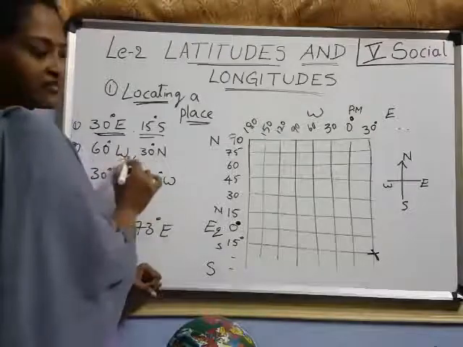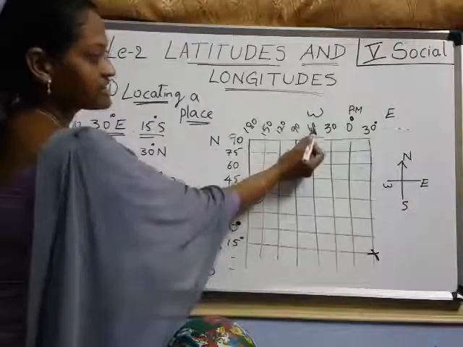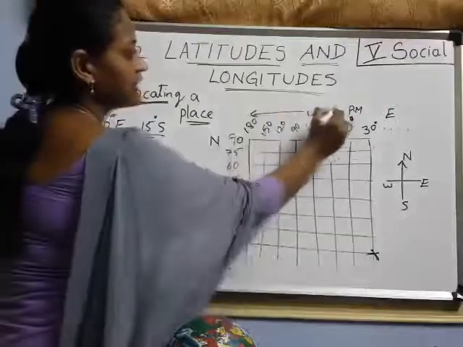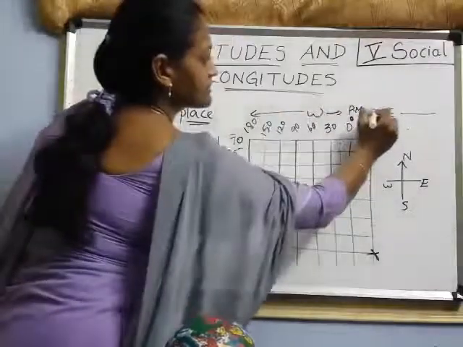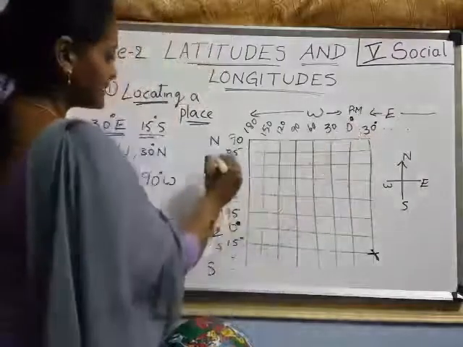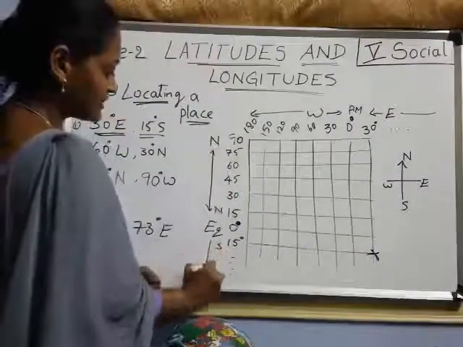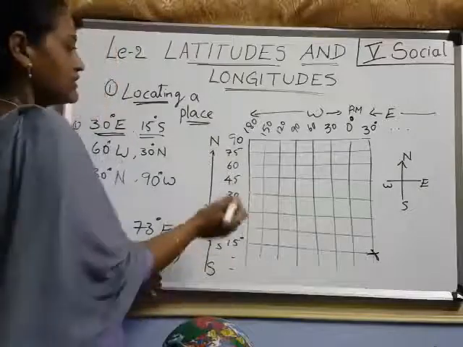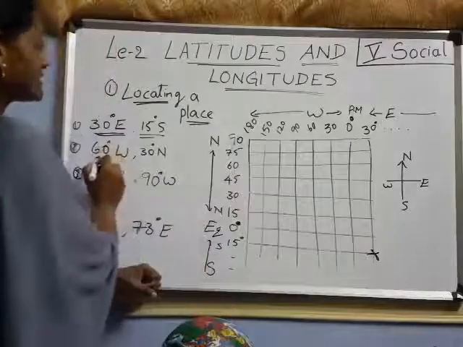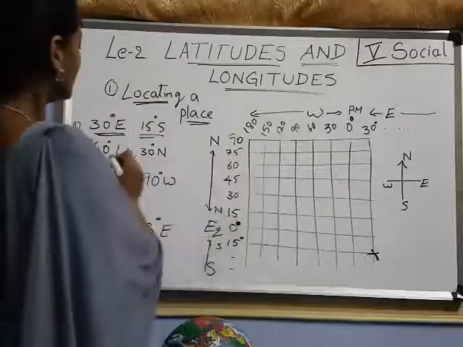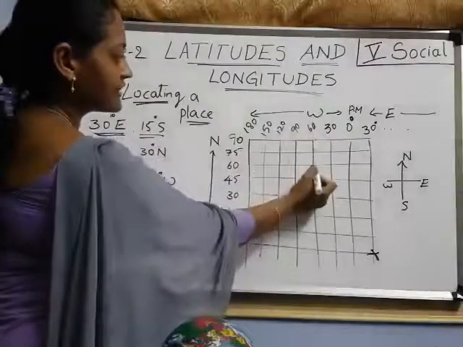Now look at another one. 60 degrees west means where here? This is the west side, right? This full side is west and that full side is east, after 0 degrees. Like that, here is north and from here to here is south. Now look at here. 60 degrees west and 30 degrees north. 60 degrees west is this line.